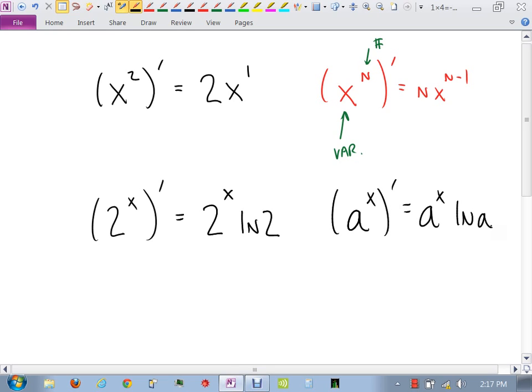Does that answer your question? And here we have the number, and here our variable is here. So you see in the top one, it's backwards from the bottom one. In the top one, your variable is the base, a number is the exponent. On the bottom one, your base is the number and your exponent is the variable. Totally different formulas for each of those cases.